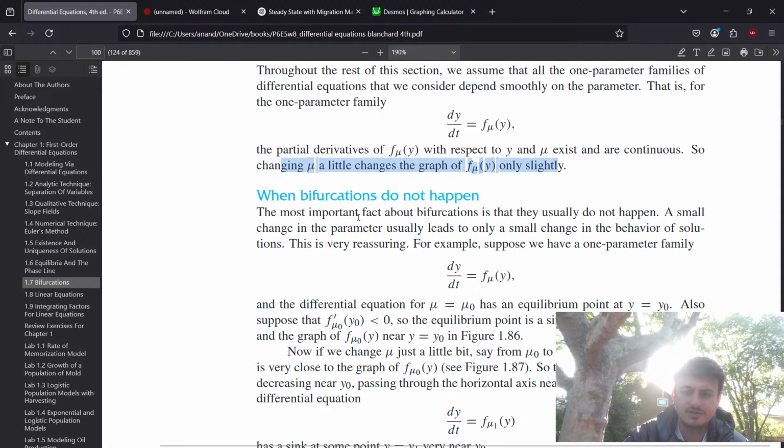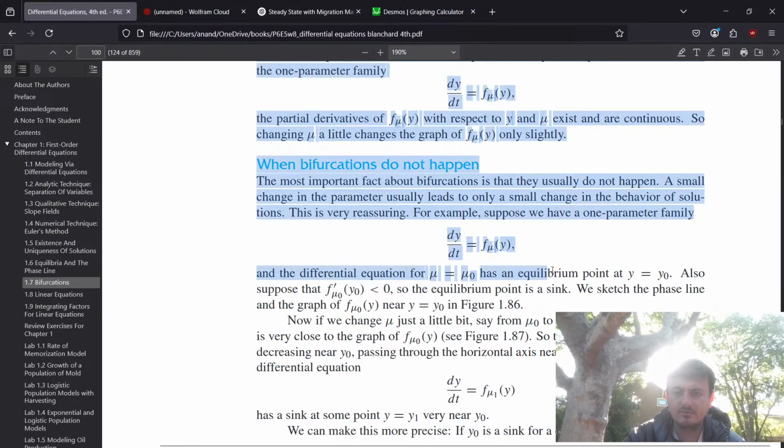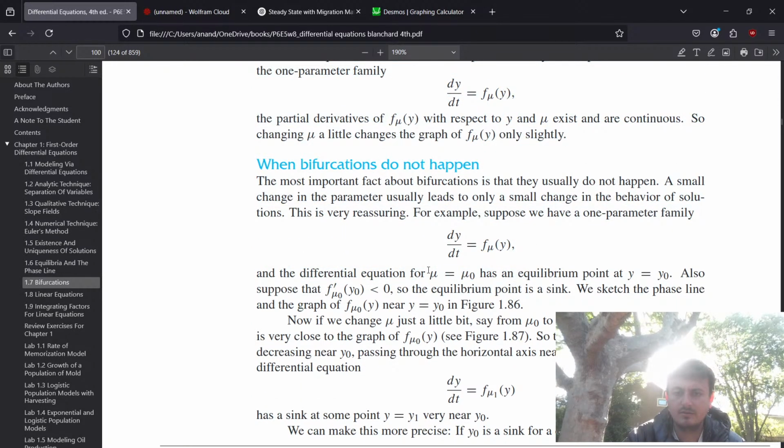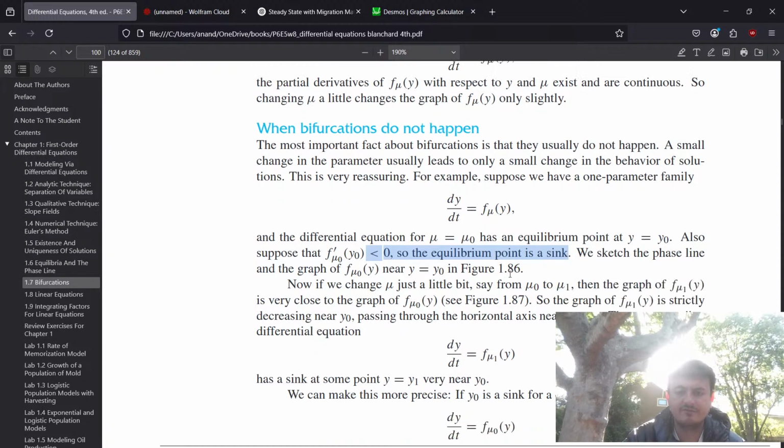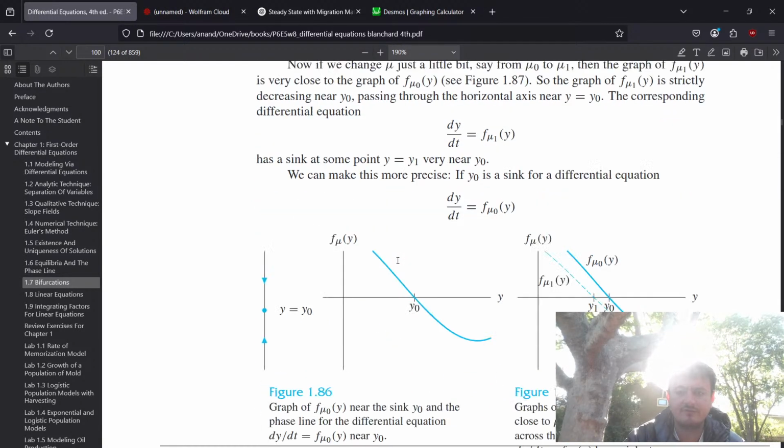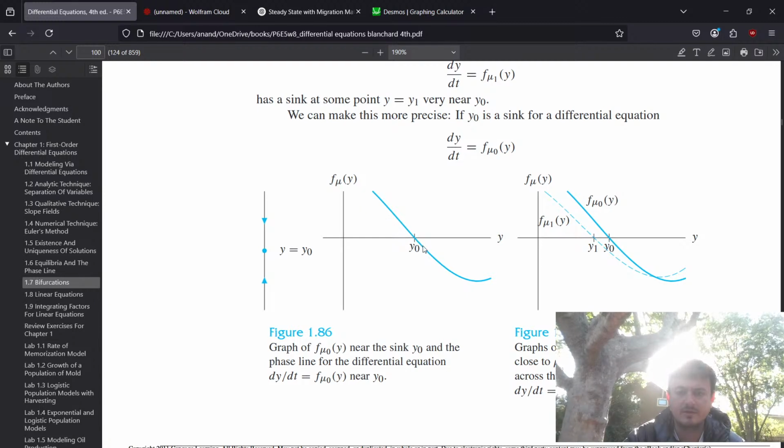And the differential equation has an equilibrium point, and then we have a sink. Okay, so y0 is a sink. We sketch the phase line and graph. Okay, here we go. So it's a sink.